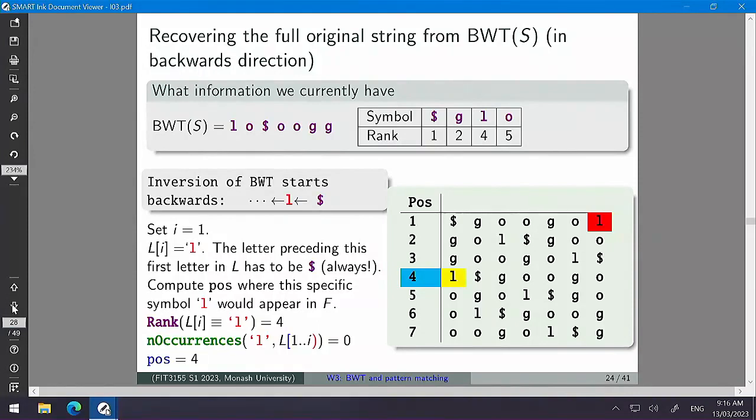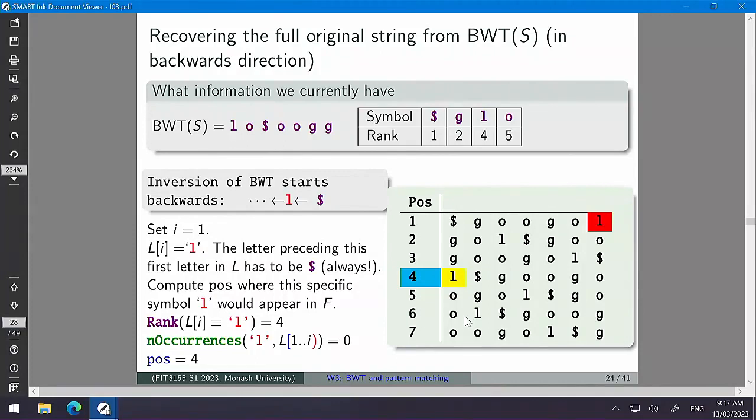So 4 plus 0 is 4. The position that we are looking at right now is 4 for the LF mapping. This matrix here is for your reference of its correctness. In reality, you only have the Burrows-Wheeler transform and a number, the position.